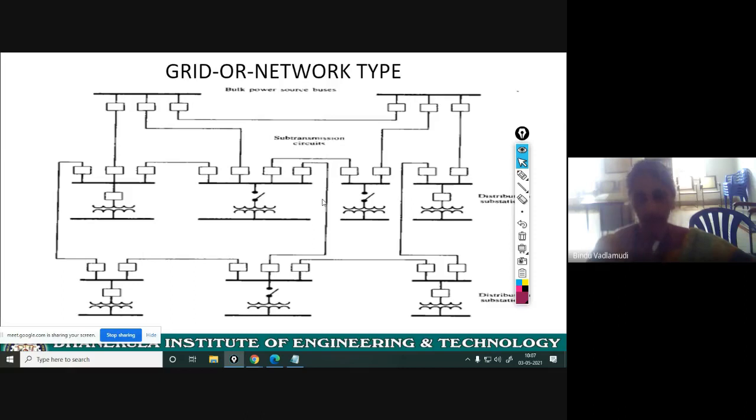Please observe the screen, please observe how the connections are. Is there any similarity or not?